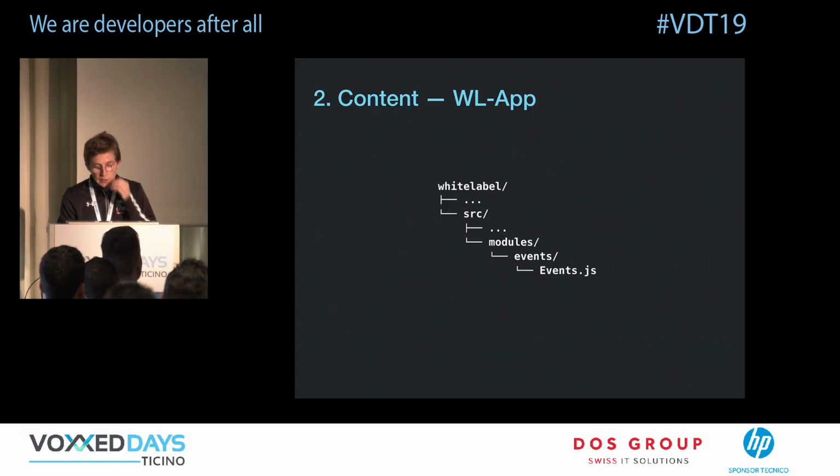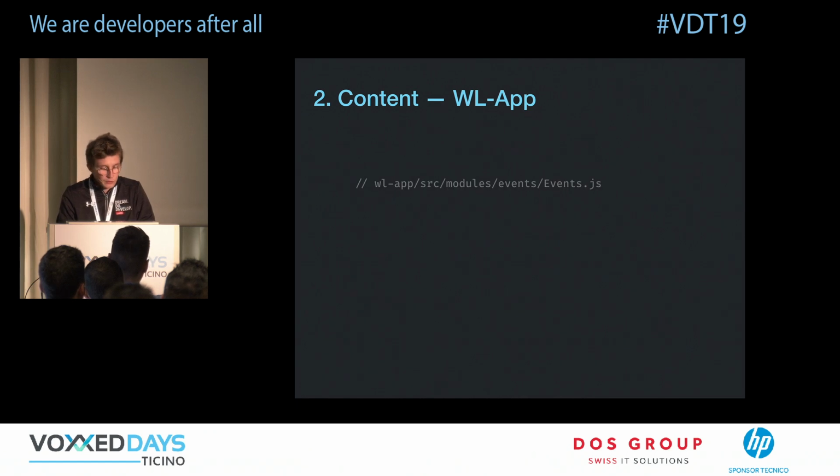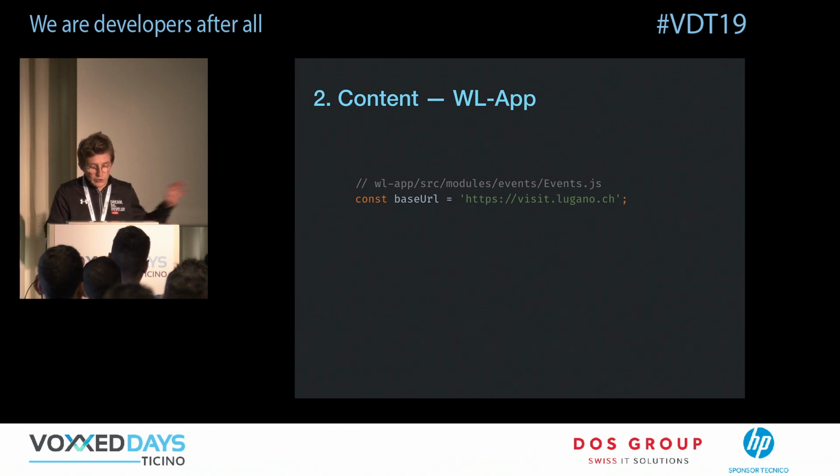And if we take a look at the events component, at the beginning of the events component, we are going to define a method for fetching our data. So the first thing we are going to do again is define a base URL, which is basically the address where our services are. For Lugano, it will be https visitlugano.ch.